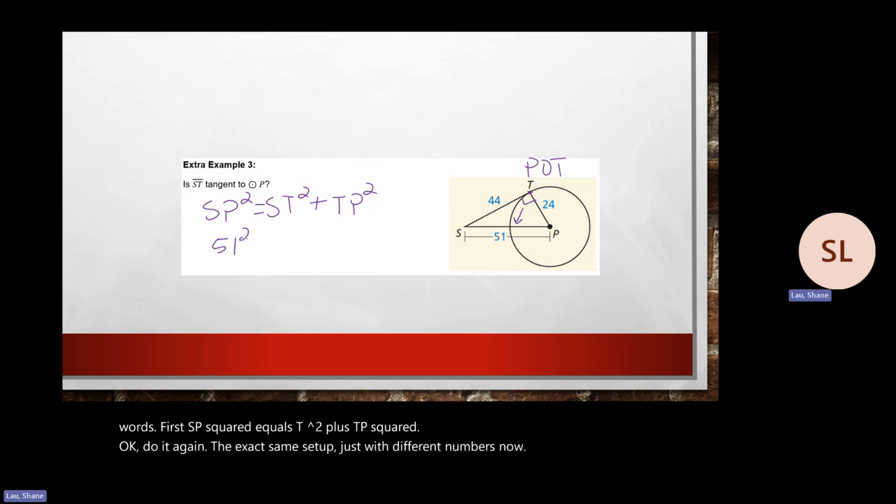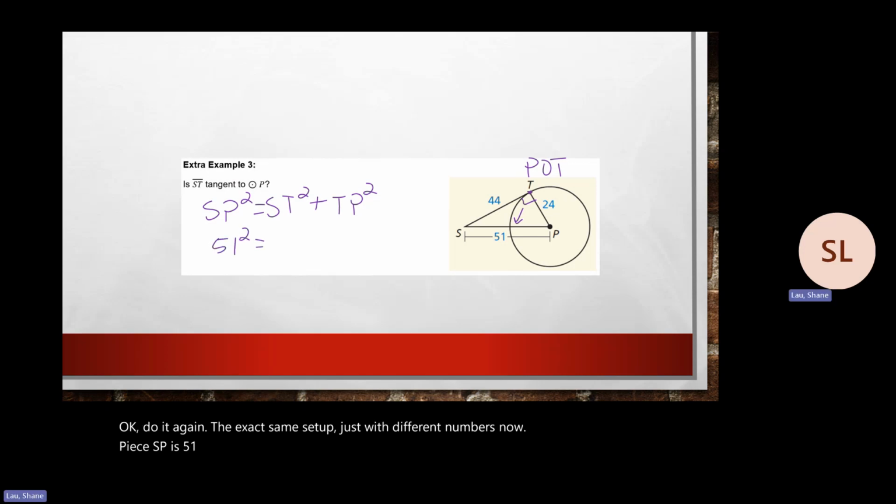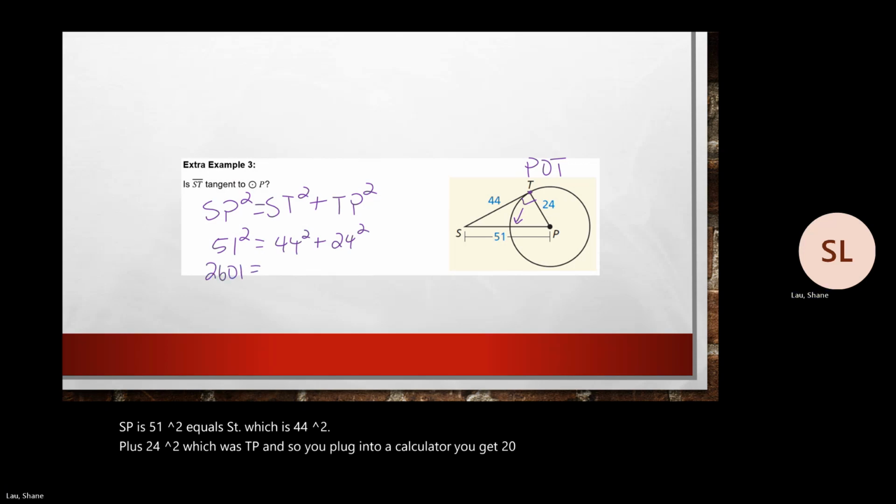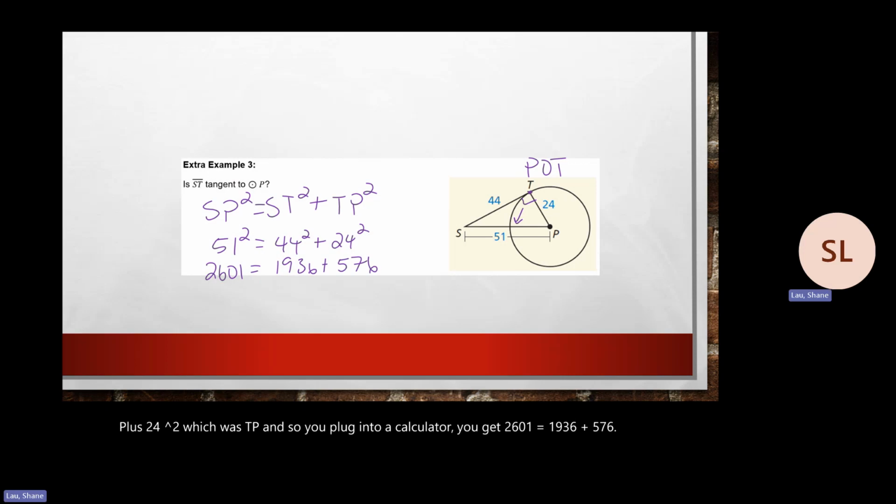SP is 51 squared equals ST, which is 44 squared, plus 24 squared, which was TP. So you plug this into a calculator, we get 2601 equals 1936 plus 576. You add them up, we get 2512. 2601 is supposed to equal 2512, and they are not equal to each other.